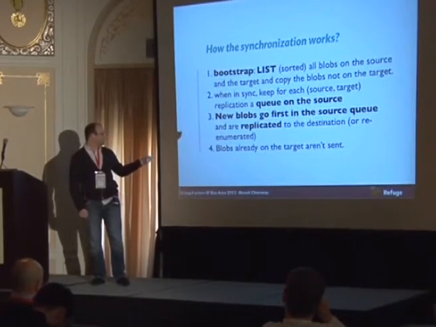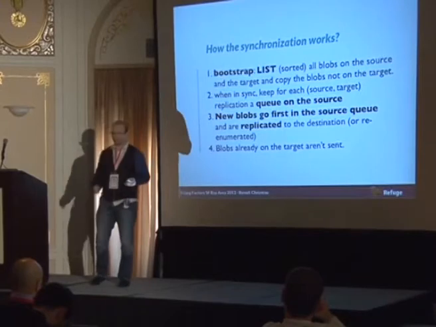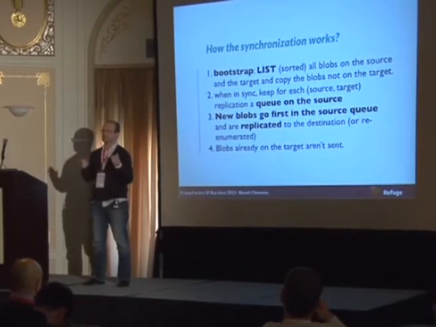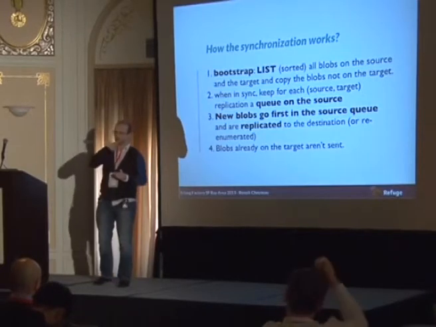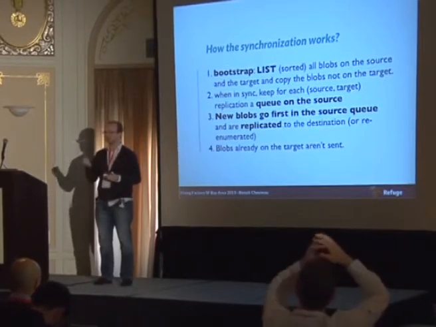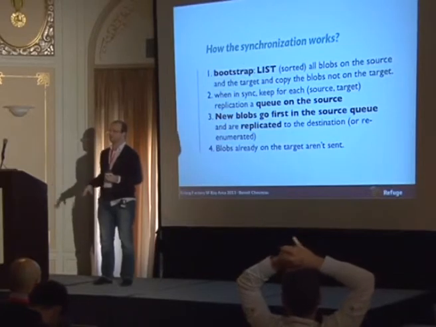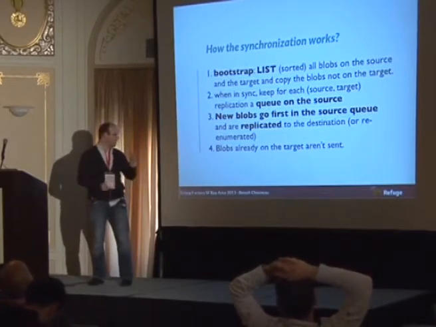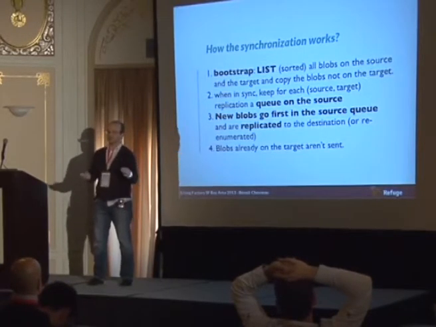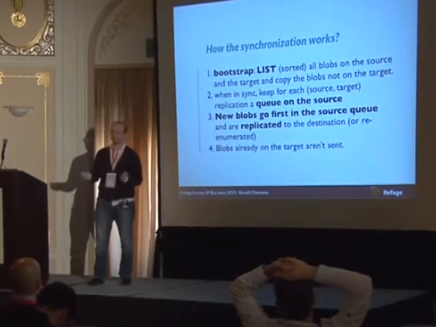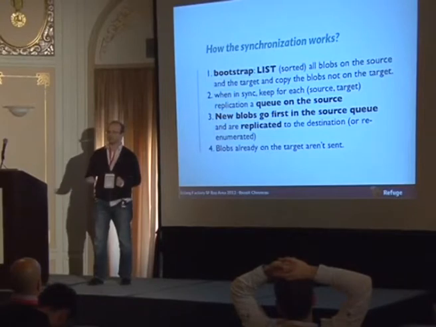Right after that, you create a queue on the source for each pair of source and target. So the queue is on the source. And each time a new blob is uploaded on the source, it will be put on each queue. To trigger a replication, the target has to watch the queue in real time or just enumerate the queue from time to time.